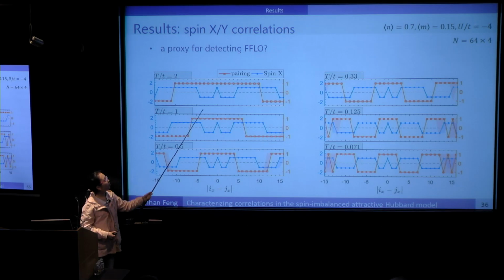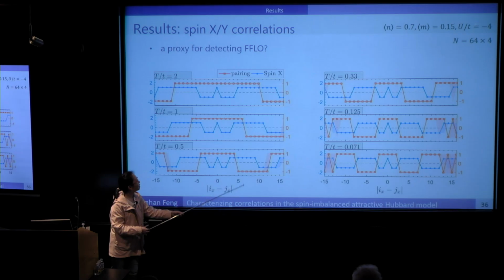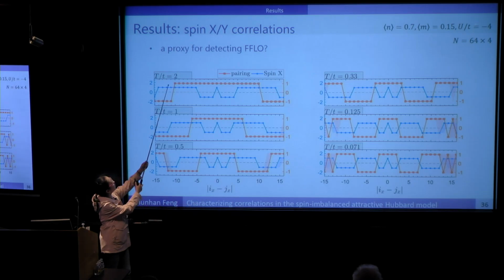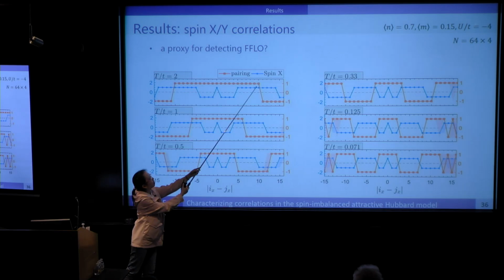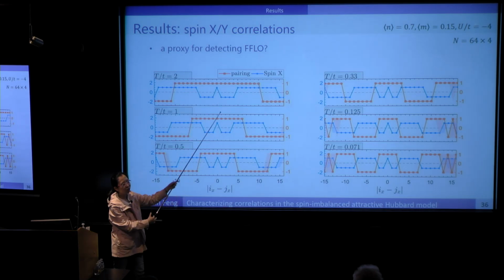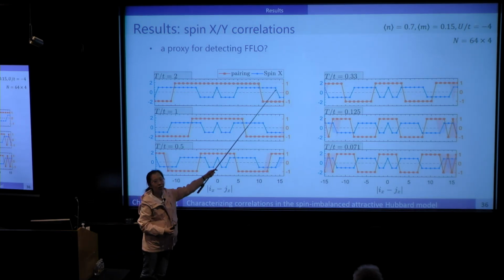On this slide, we examine the spin X and spin Y correlation and the pairing correlation, and we just show the sign of them along the lattice. At high temperature, T equal to 2, the wavelength for the pairing correlation is much larger than the wavelength for the spin X correlations.